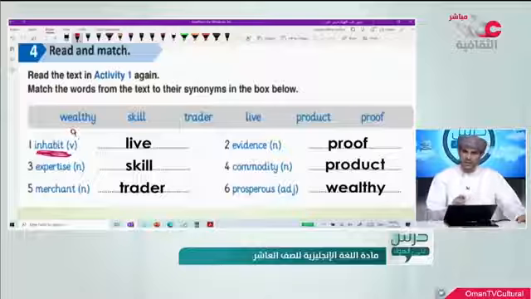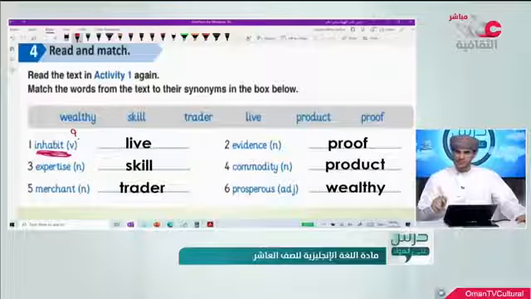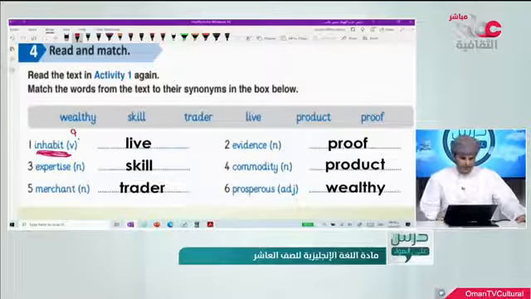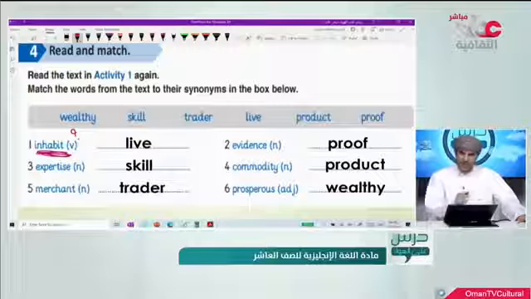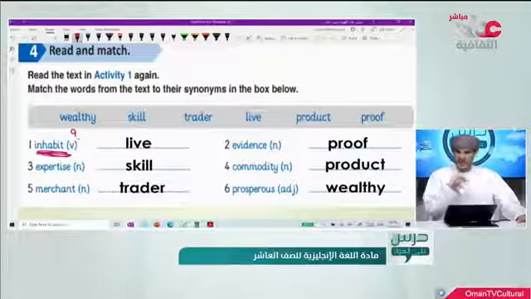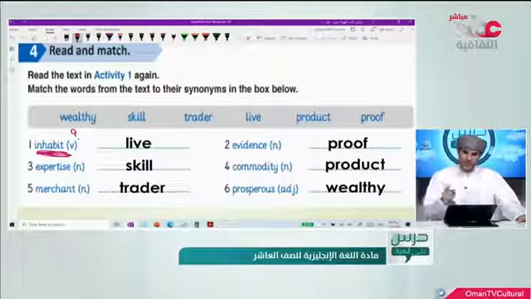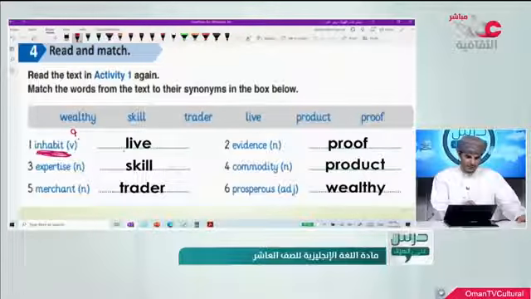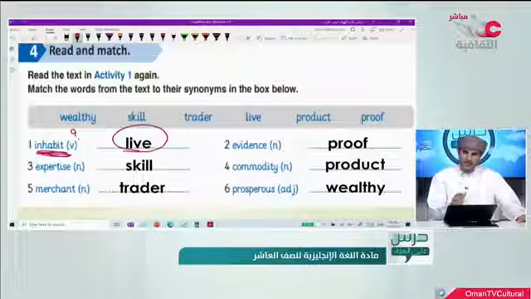What does it mean? English definition. You can write the Arabic definition as well, but most importantly, to write English. It is the English definition with an example, one or two examples. Then write all the synonyms that can be linked to this word.